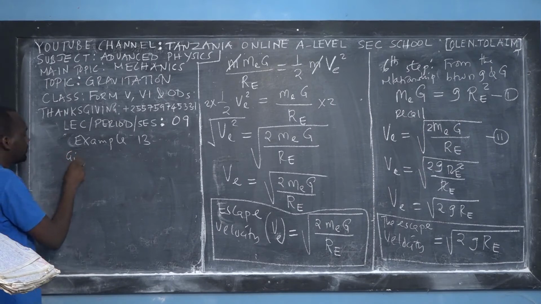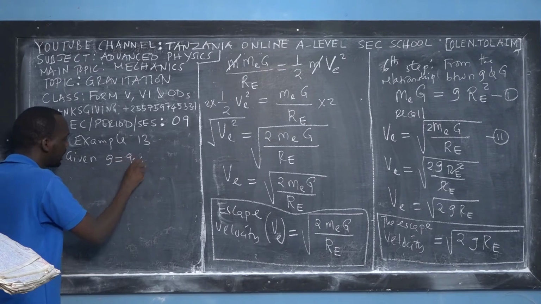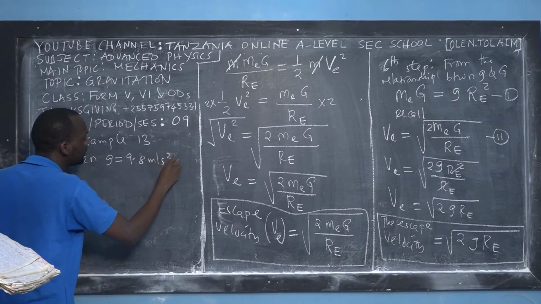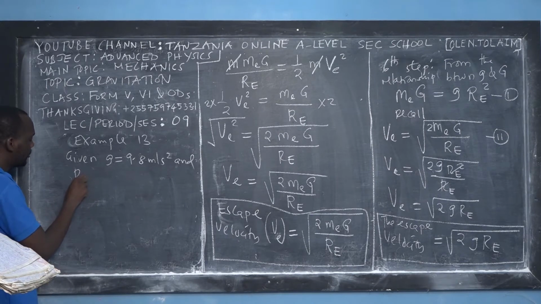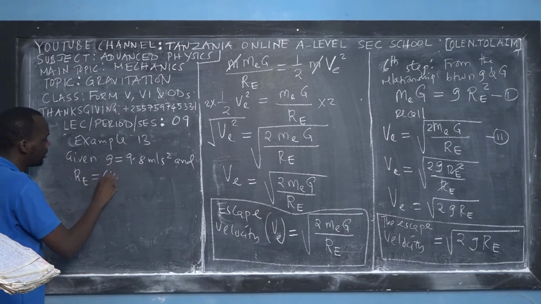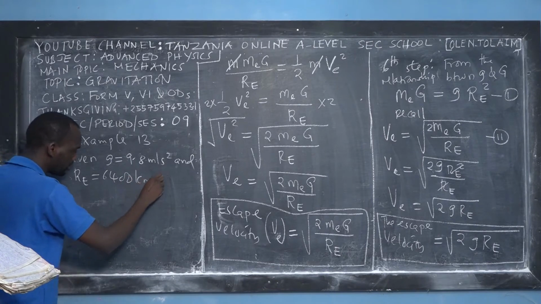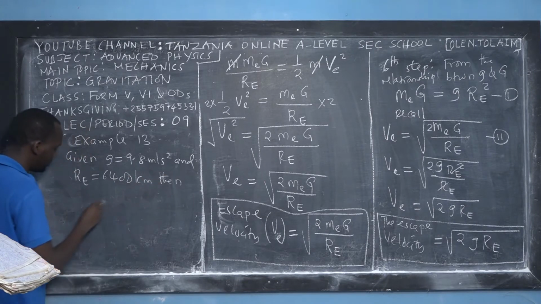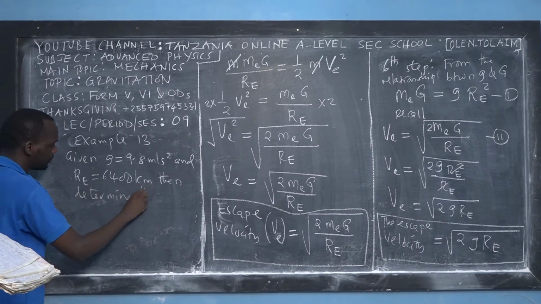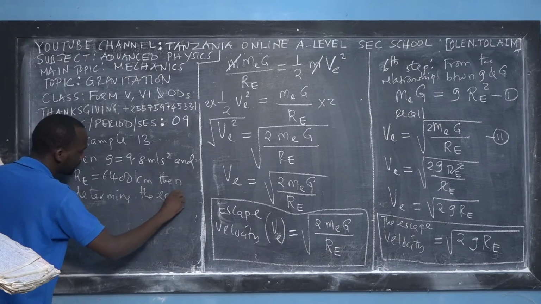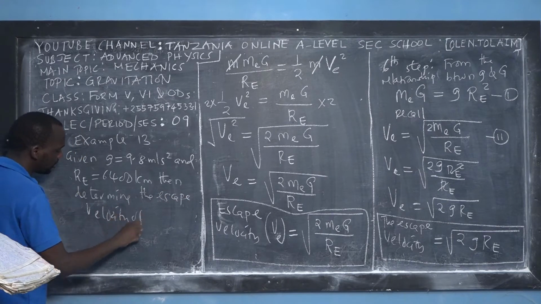Given the value of acceleration due to gravity is 9.8 meters per second squared, and also given the radius of the S is equal to 6,400 kilometers, then determine the escape velocity of the body. Very simple question.